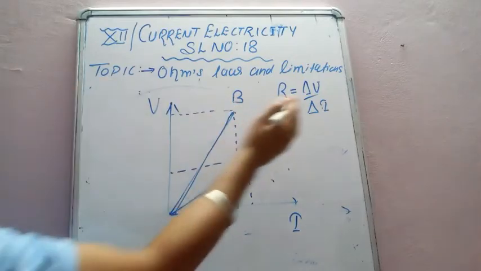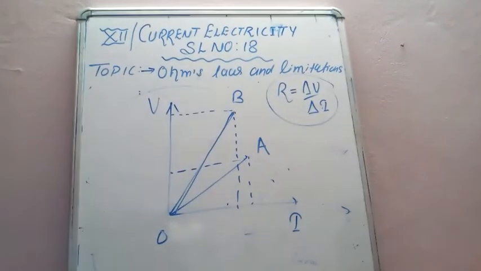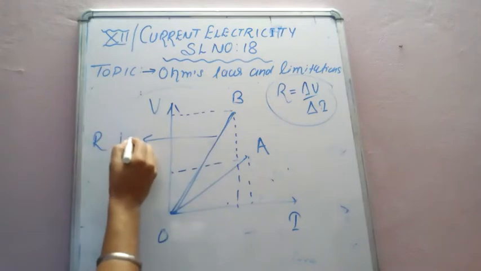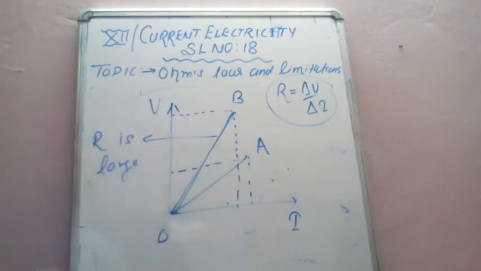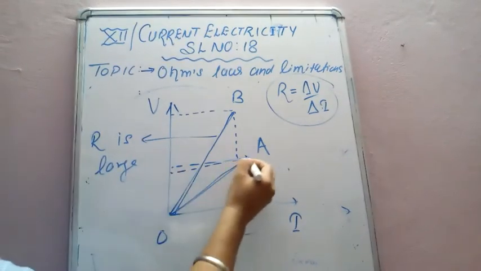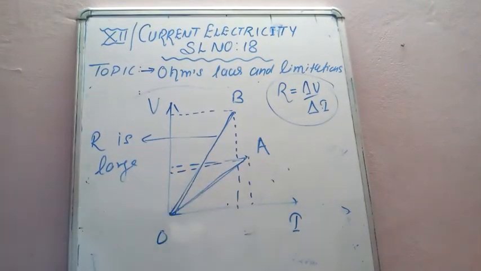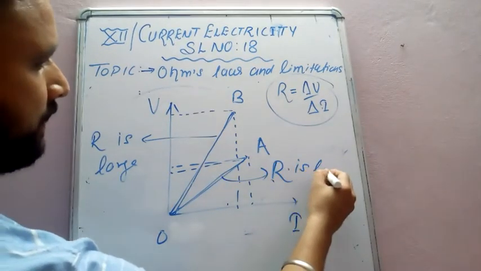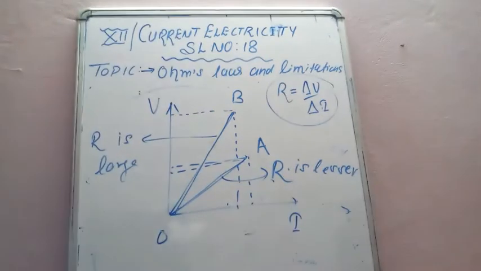So we can say that for conductor B the resistance is large or higher, and for A, because V is very less, R is lesser. In this way, a question can be asked. Very important question.